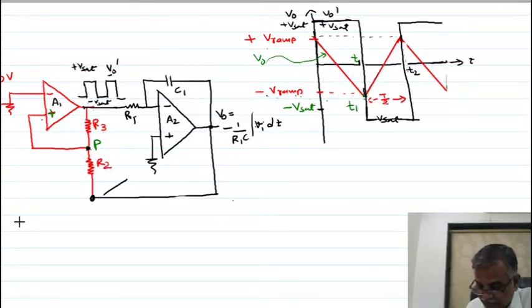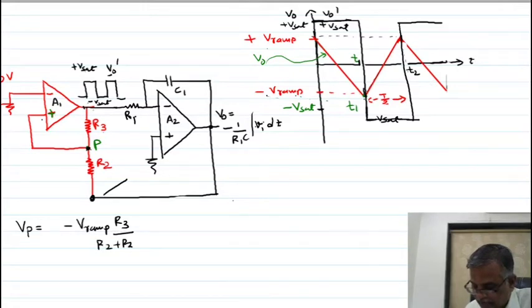Now, what is the voltage at this P point? The voltage at the P point I can write with the help of the superposition principle as minus Vref into R3 upon R2 plus R3, plus Vset into R2 upon R3 plus R2.